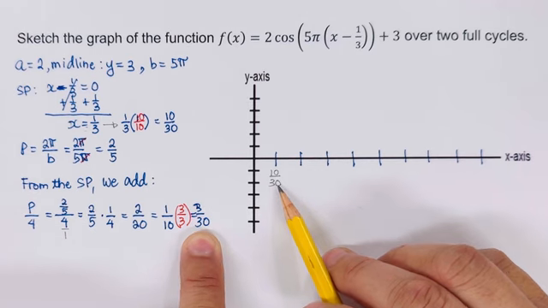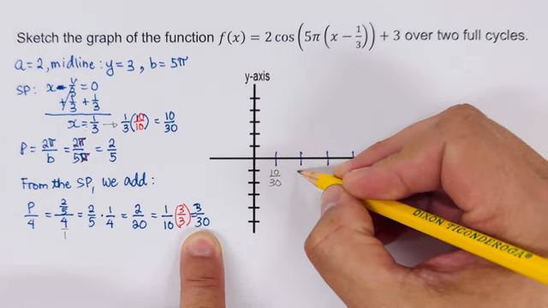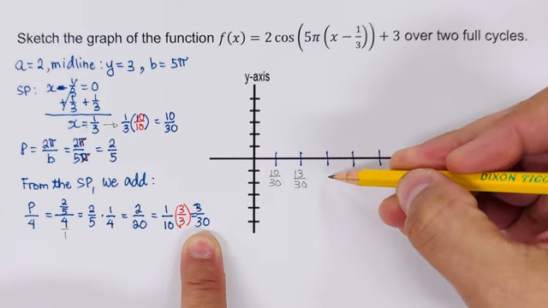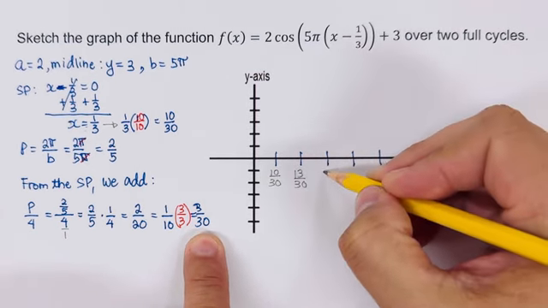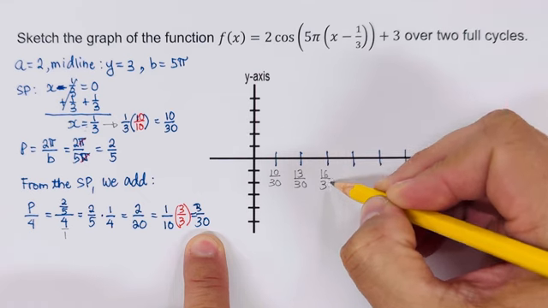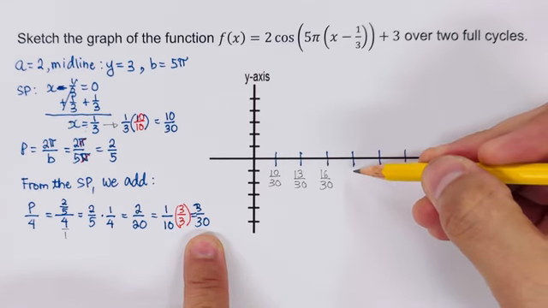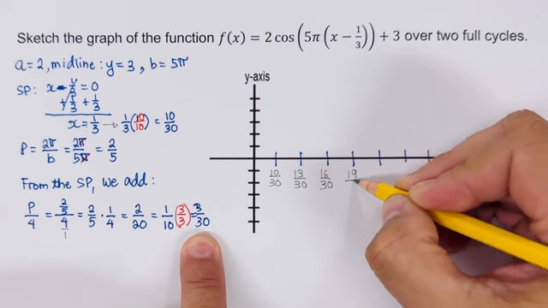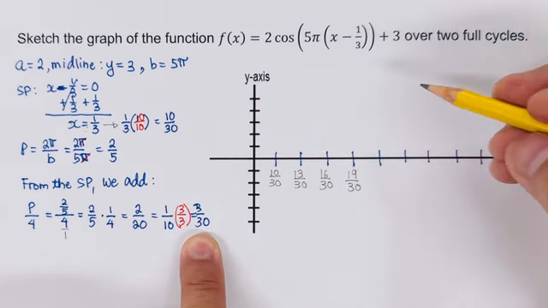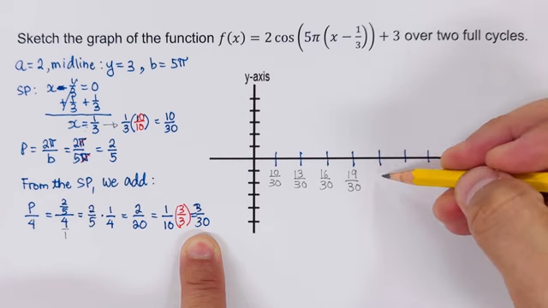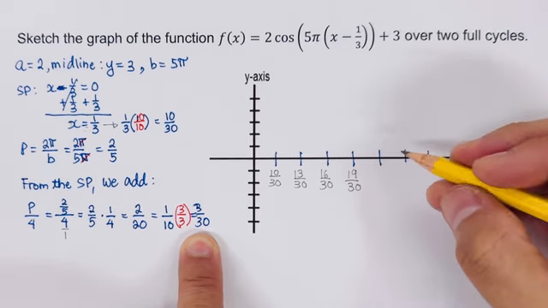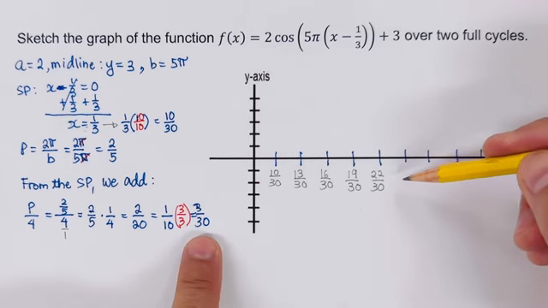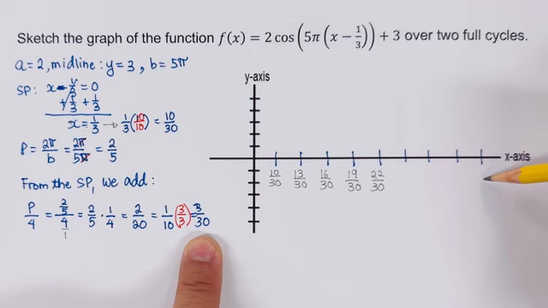So 10 over 30 plus 3 over 30 is 13 over 30. 13 over 30 plus 3 over 30 is 16 over 30. Then 16 over 30 plus 3 over 30 is 19 over 30. 19 over 30 plus 3 over 30 is 22 over 30. And I'm going to keep adding 3 over 30 until I get all the way down here.